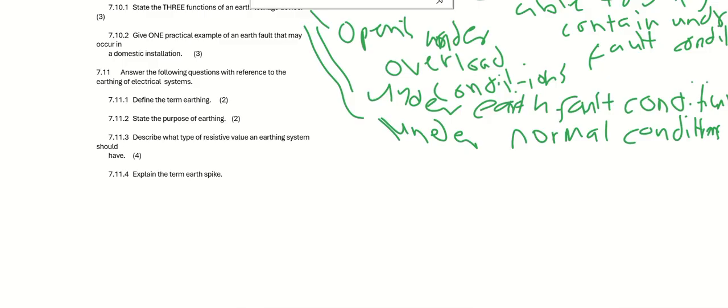Give one practical example of an earth fault that may occur in a domestic installation. Okay, a practical example. Let me think. I would say a fault may occur with a toaster if the live or neutral wire comes into contact with a conducting part of the toaster.